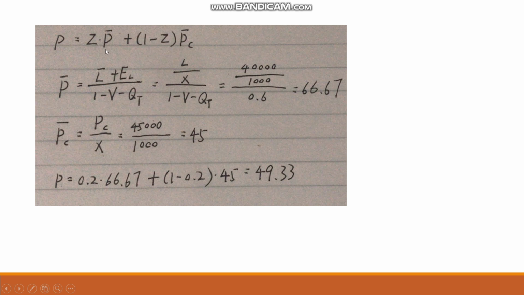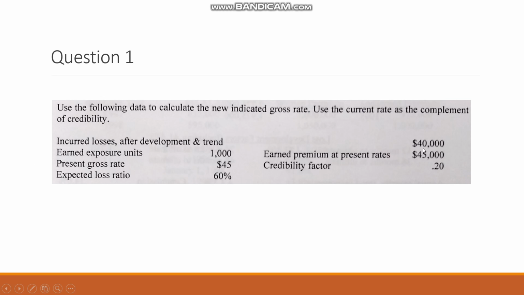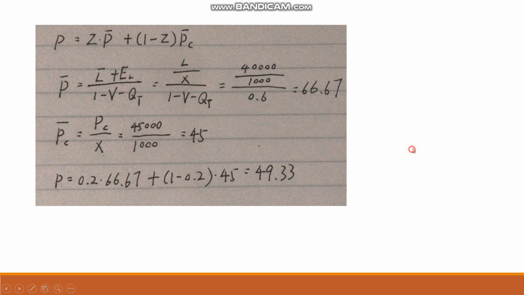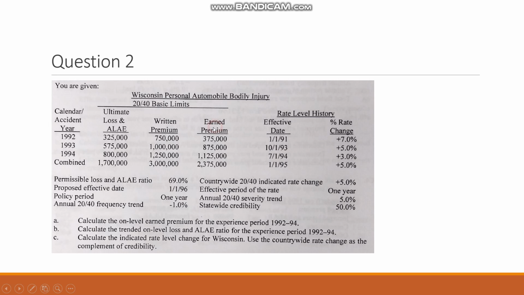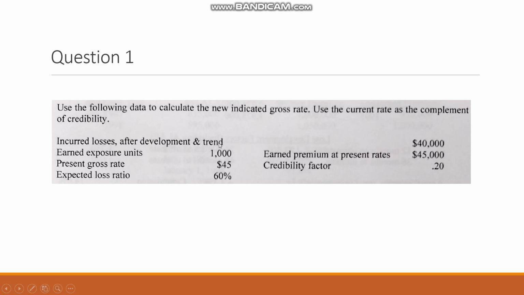One is the average premium, and another one is the premium at current rate. The average premium can be calculated by the indicated premium, which is loss over the number of exposures. So the loss provided in the question is 40,000, and the number of exposures is 1,000, and also the loss ratio in this question is 0.6.